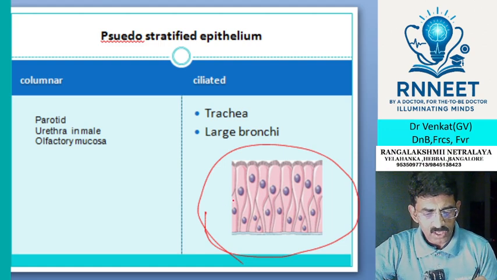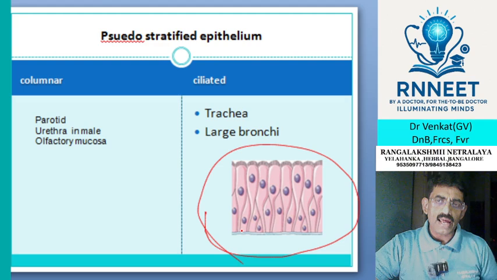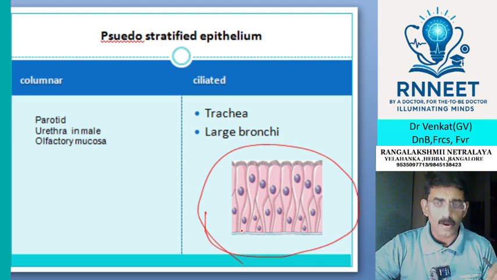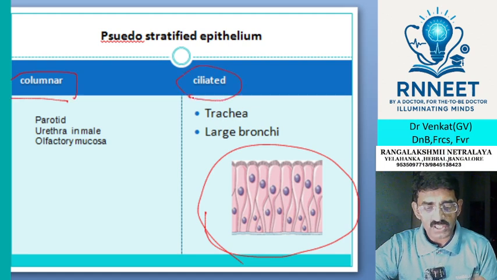The cells are all single, but some cells are small and some are big, resulting in a varied arrangement where the nuclei of the different cells are at different levels, causing it to appear as though they are in multiple layers. This can be either columnar or ciliated.